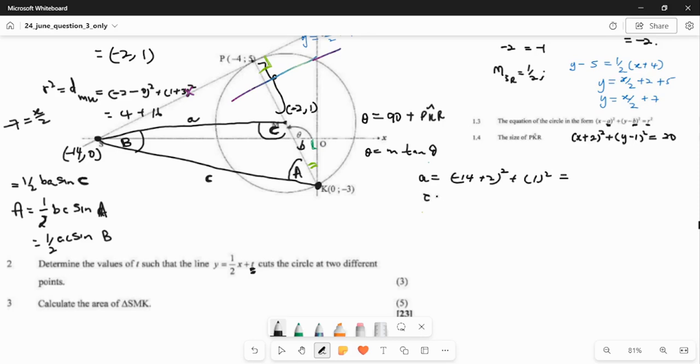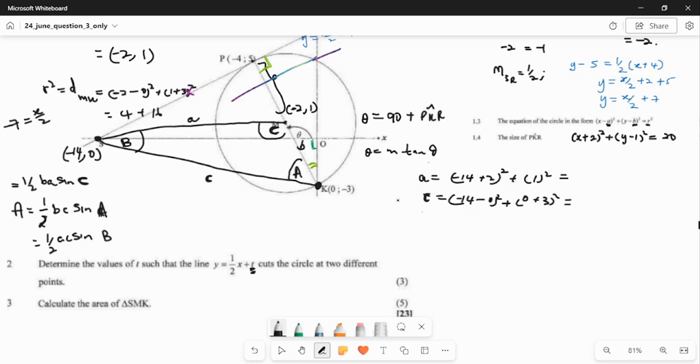Now let me find my distance of C. Negative 14 again, just 14 minus 0 all squared, plus 0 plus 3 all squared. Do not forget to apply the square root because we are finding the distances here.